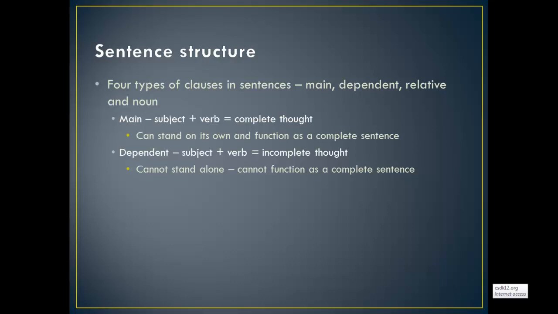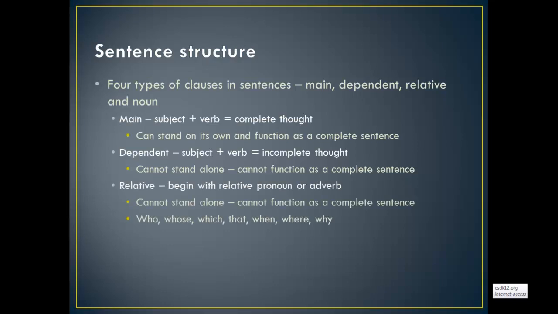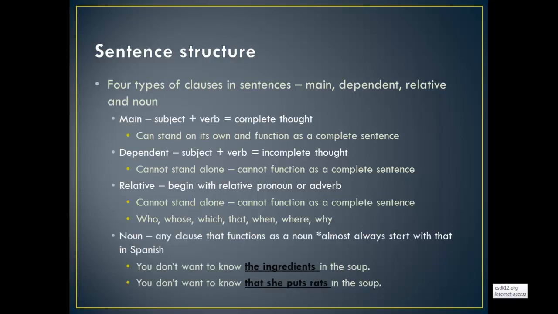They can't stand alone. Relative clauses begin with a relative pronoun or a verb. They can't stand alone. A lot of times they're going to start in English with who, whose, which, that, when, where, and why. A lot of times you're going to find in Spanish it's pretty much que. The other ones can be used as well, though. And noun clauses also start with que usually in Spanish, and function as a noun.